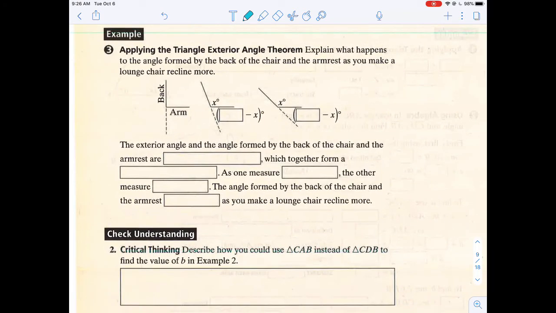Okay, let's look at another example. Applying the triangle exterior angle theorem. Explain what happens to the angle formed by the back of a chair and an armrest as you make the lounge chair recline more. The exterior angle and the angle formed by the back of the chair and the armrest are supplementary.